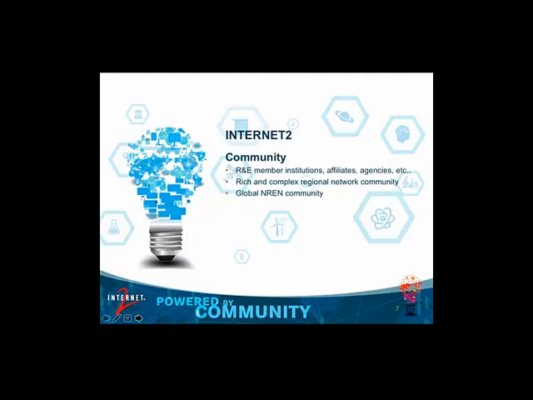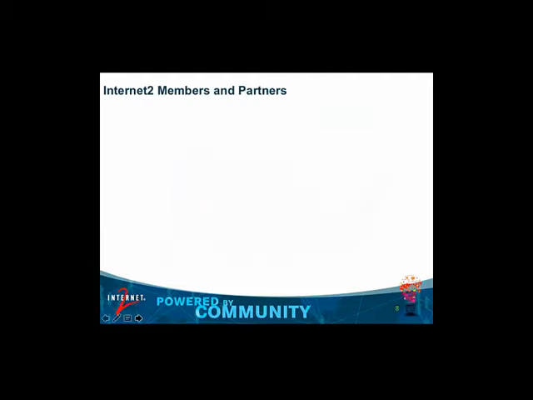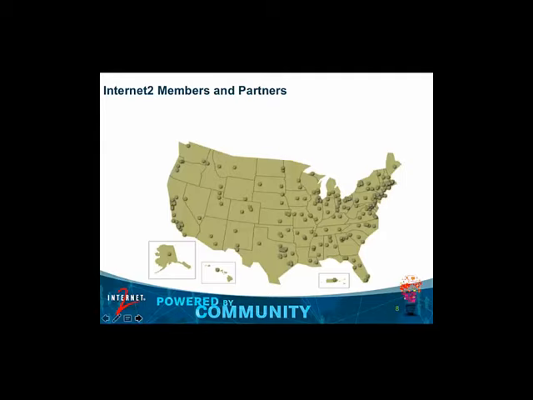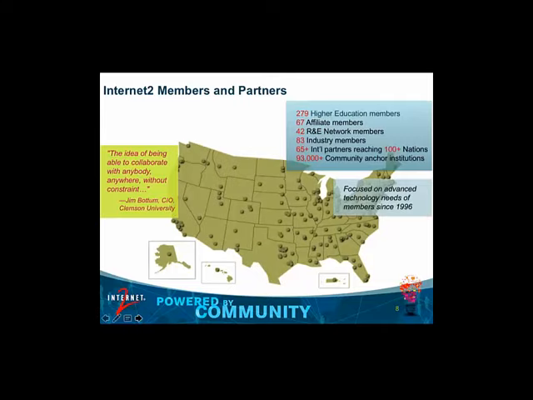So Internet2 members and partners include nearly 280 universities, 42 research and education regional networks in the United States, and 83 industry members, including Portal Architects and SkySync. Internet2 is focused on the advanced technology needs of our members, and we have been since the founding in 1996.